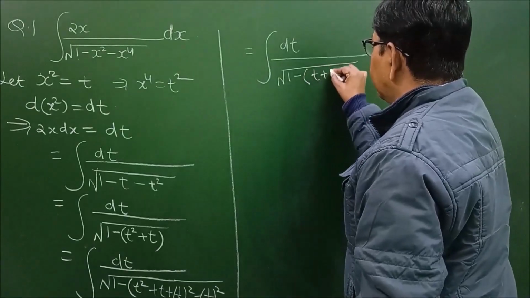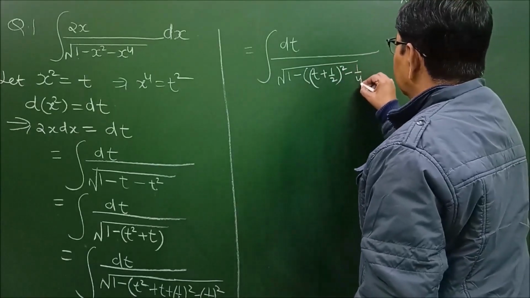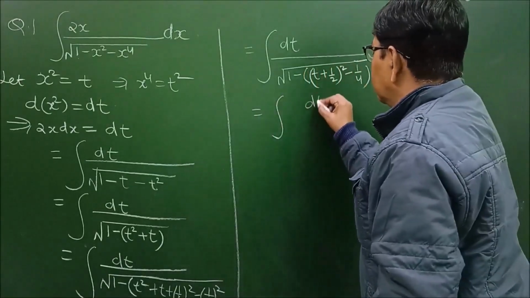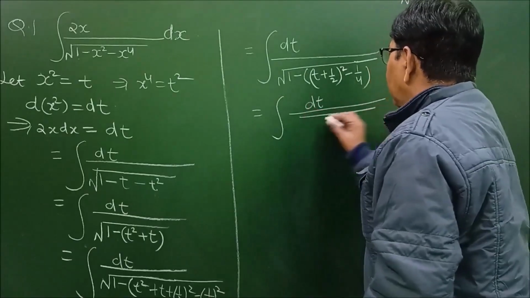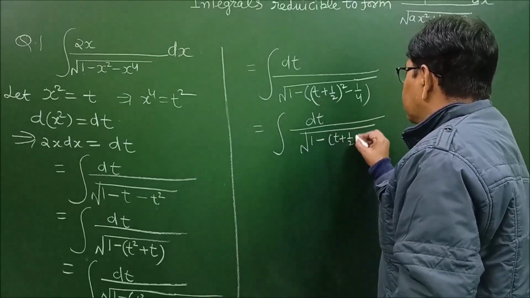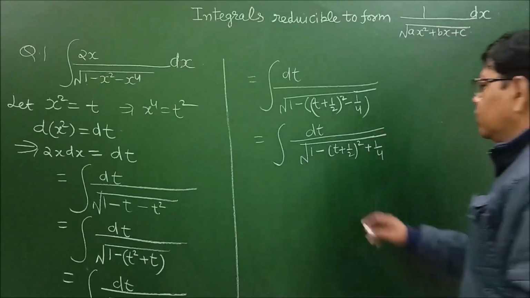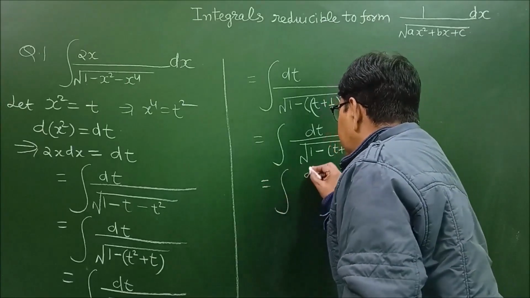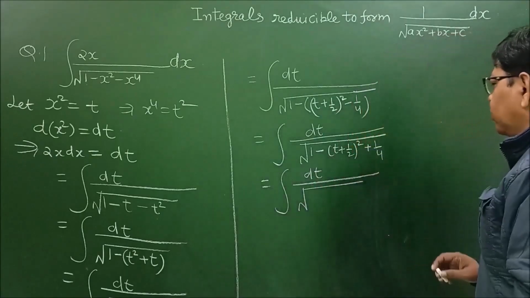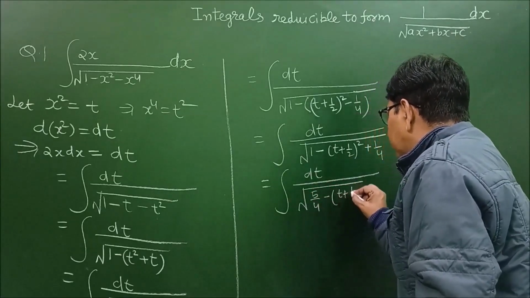This is the whole square of t plus 1 by 2, minus 1 by 4, which is equal to integral of dt upon, now opening this bracket, under root of 1 minus (t plus 1 by 2) whole square plus 1 by 4, which is equal to integral of dt upon under root of 1 plus 1 by 4, which is 5 upon 4, minus (t plus 1 by 2) square.